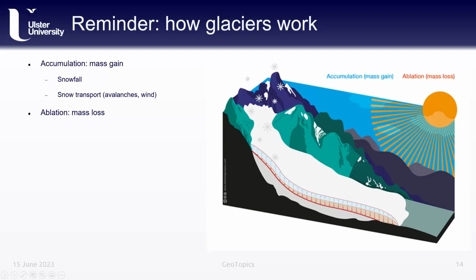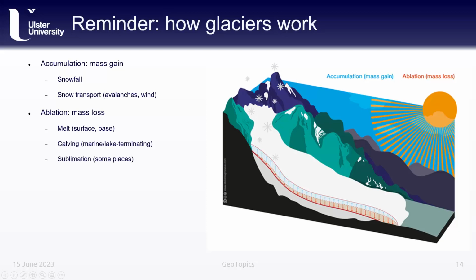We also have ablation, so this is where mass is taken away from the glacier. So this is most often when we're talking about melt, either at the surface of the glacier or the base of the glacier. This can also be calving if the glacier is marine terminating or lake terminating. So if the end of the glacier is in water, it will also break off chunks of ice, and that carries mass away from the glacier.